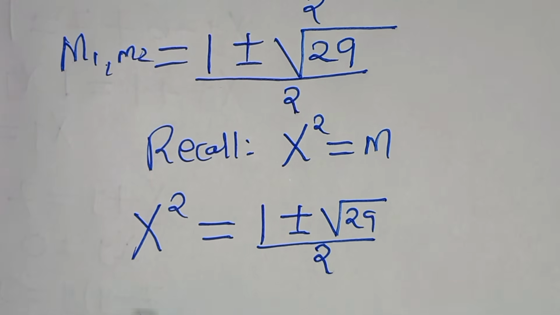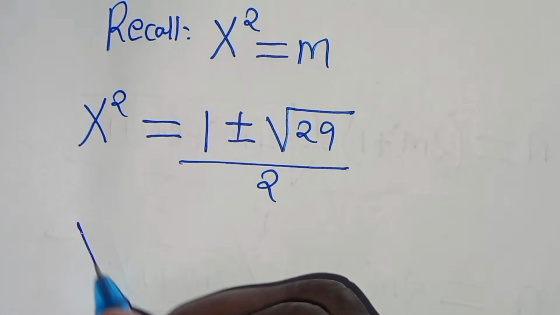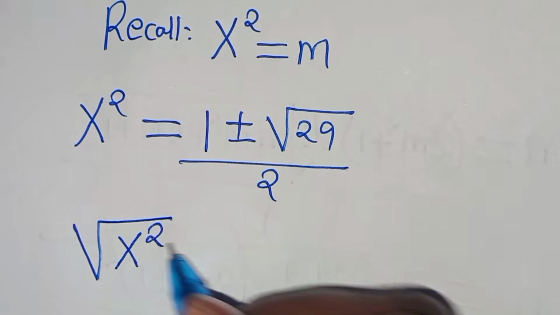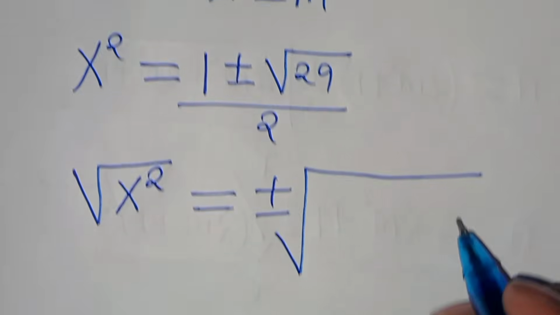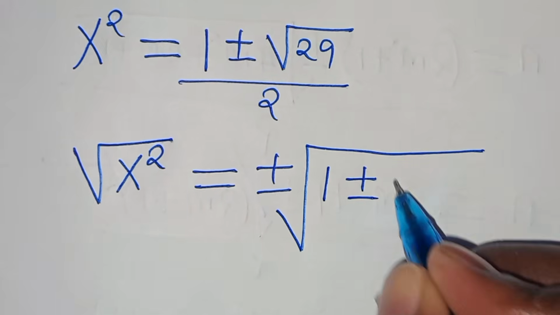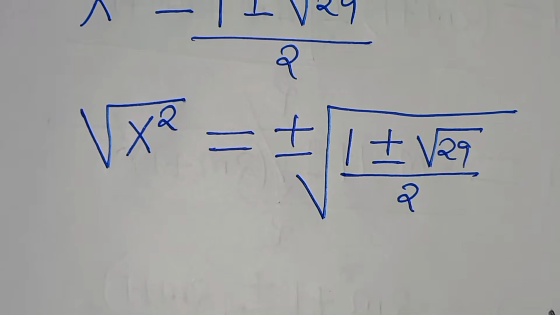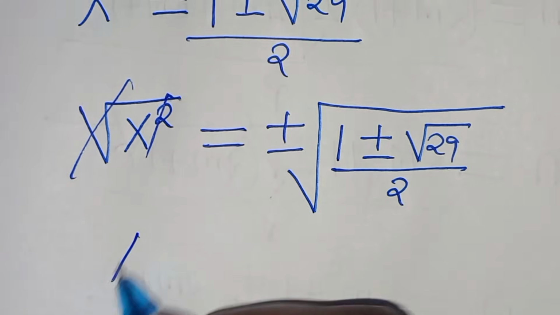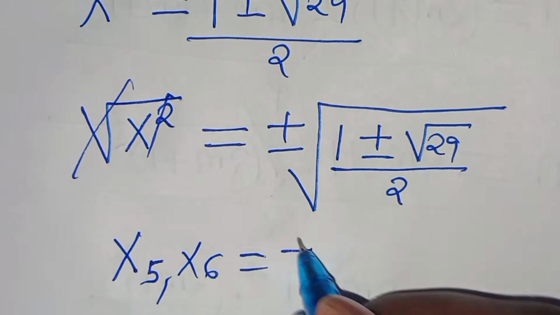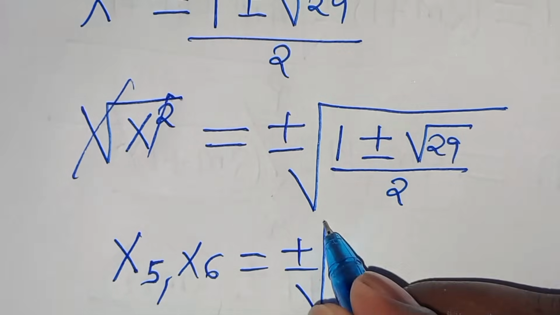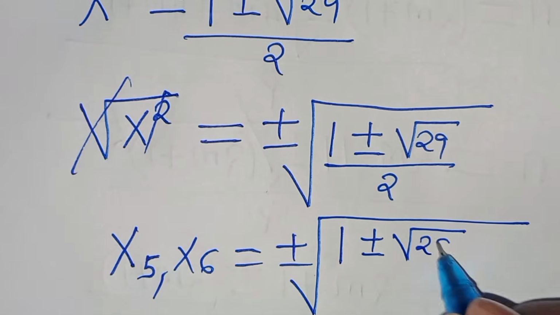So in this case, for x here, let's introduce the square root of x to the power of 2, which is equal to plus or minus the square root of 1 plus or minus the square root of 29 divided by 2. So that now, here we have x5, x6 equal to plus or minus the square root of 1 plus or minus square root of 29 divided by 2.